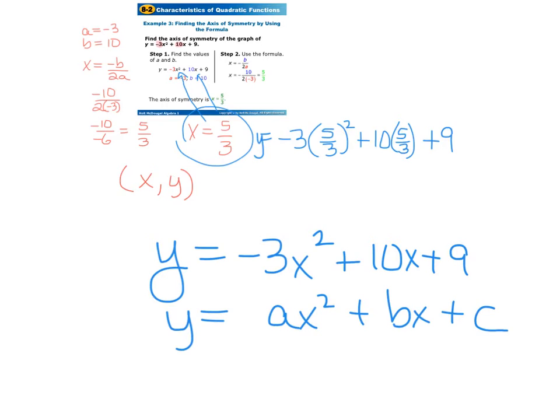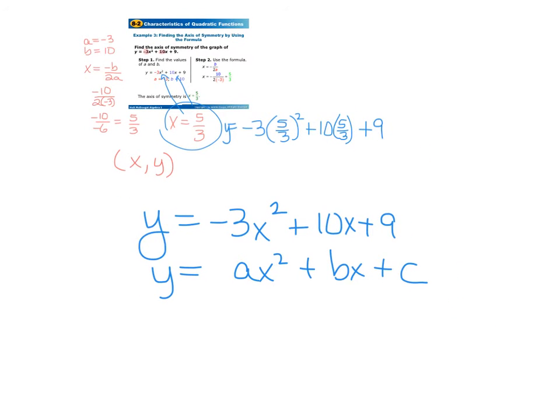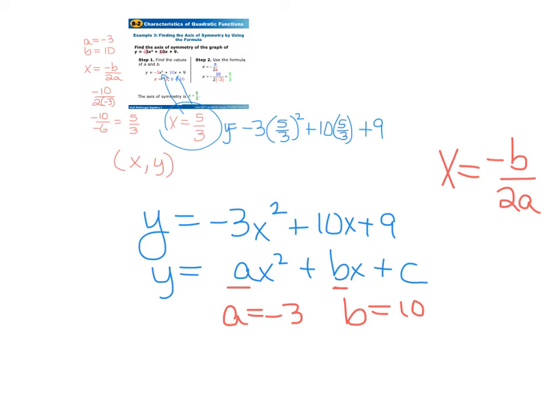What we need for the axis of symmetry is the a and the b, because the formula is x equals negative b over 2 times a. So let's first just identify my a equals negative 3 and my b equals 10.